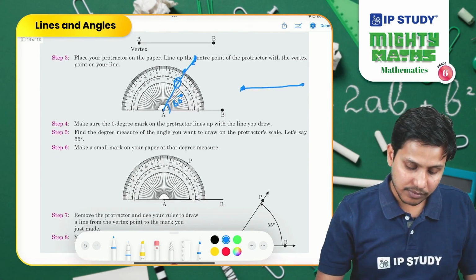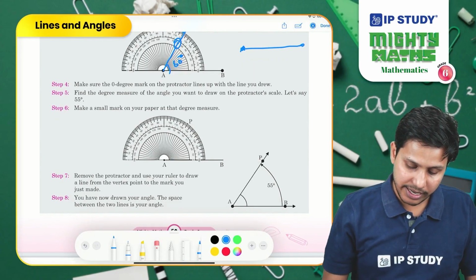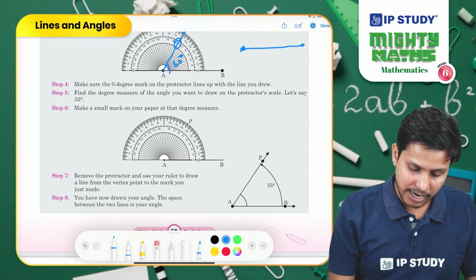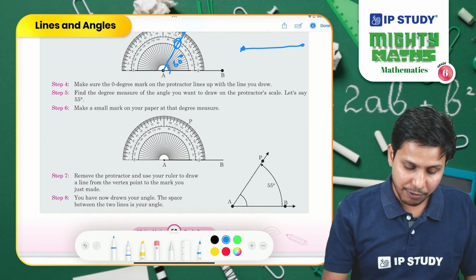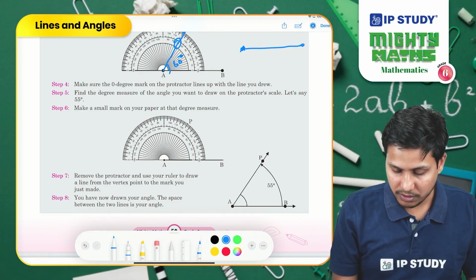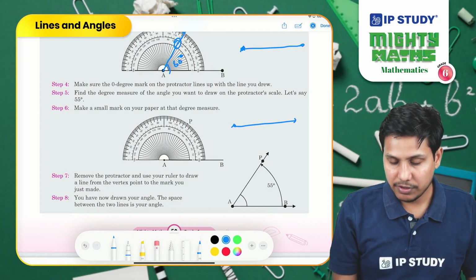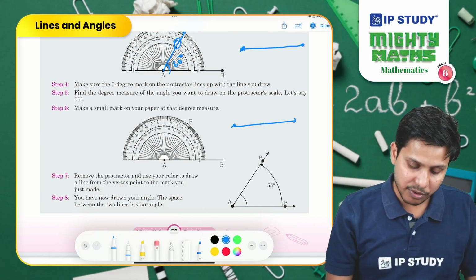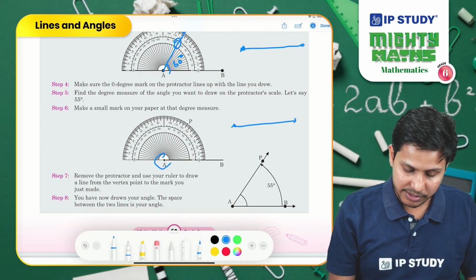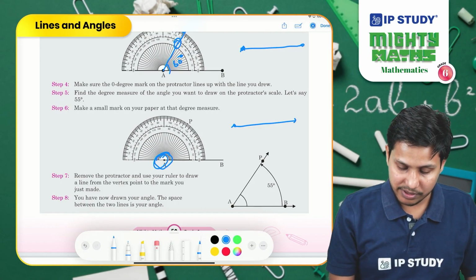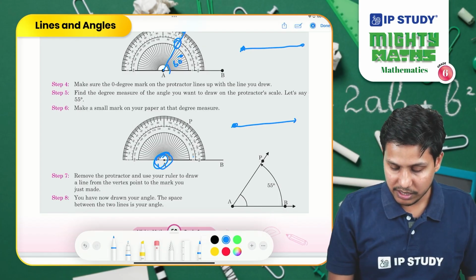Clear? So this is what it is telling us: if we want to make an angle of 55 degrees, first of all draw any line segment of the required length, then place the protractor so that the center aligns with the vertex and the base with the ray.